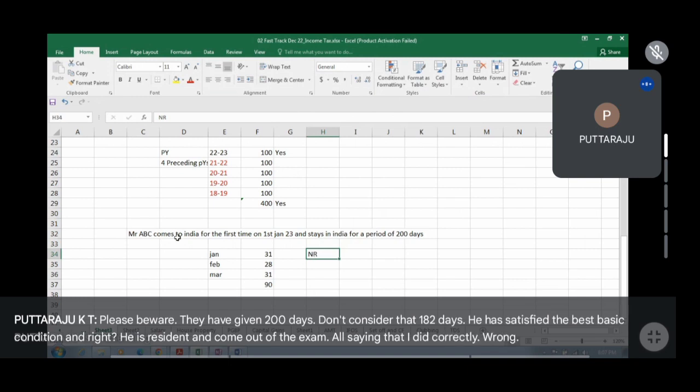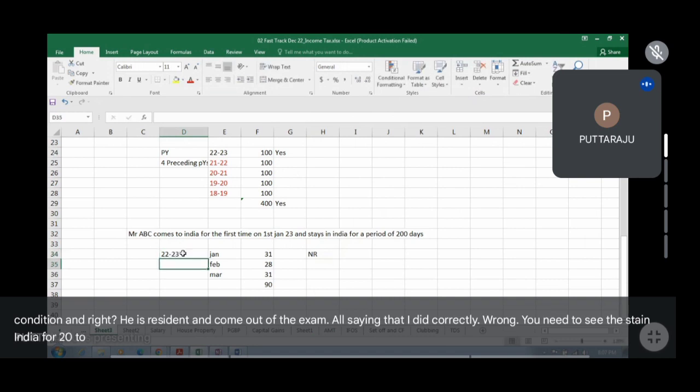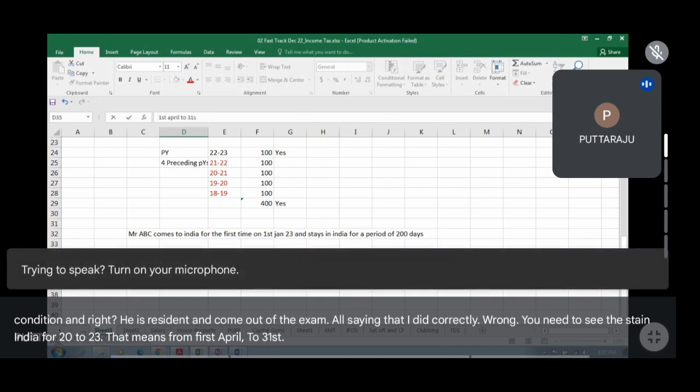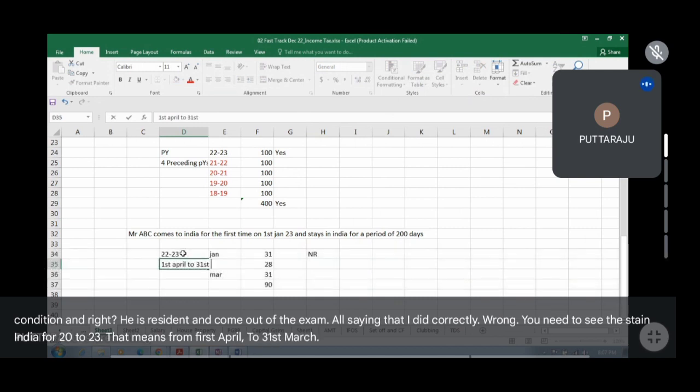You need to see the stay in India for 22-23, that means from 1st April 22 to 31st March 23.